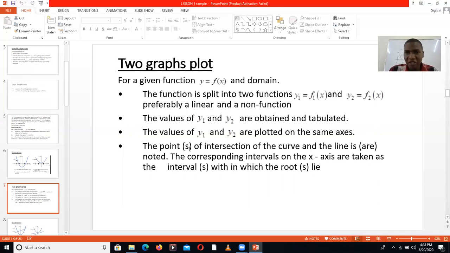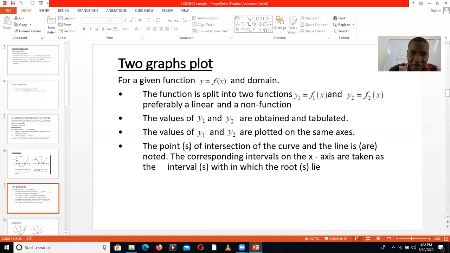We do this for convenience because plotting a straight line is easy. So while splitting, you should not create 2 curves to give you hard work. So just split it in such a way that one of the functions is a straight line and another one is a curve.